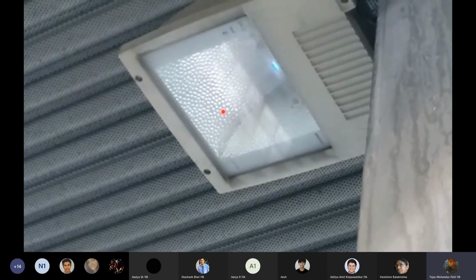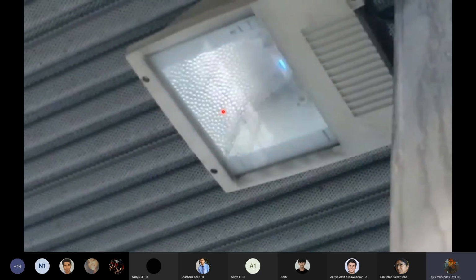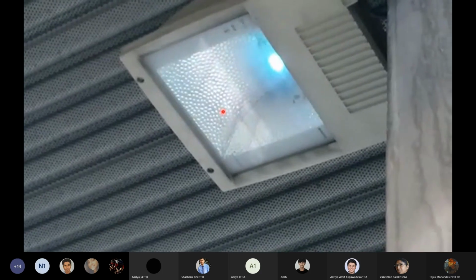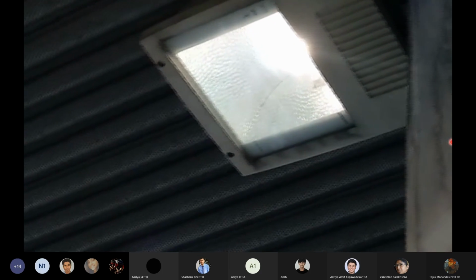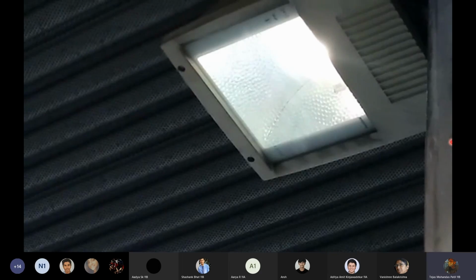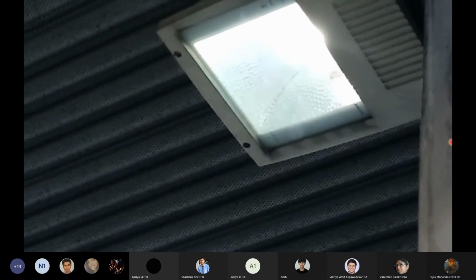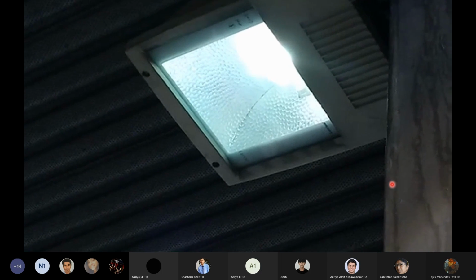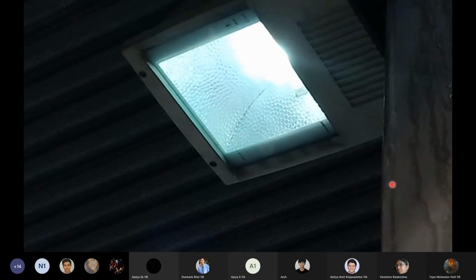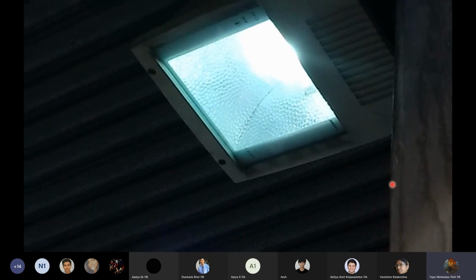It has to heat up to a particular temperature to be able to give out light. Still, it's not reached its maximum potential. Now it's glowing properly.